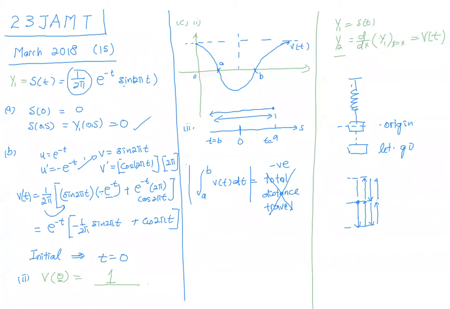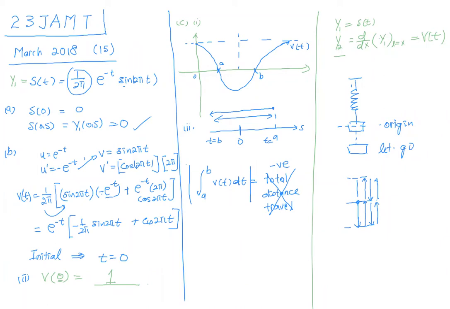So then part 3, they say, interpret the following expression in terms of the movement of the object. Okay, 0 to A. So when you say 0 to A, the particle is moving to the right because the velocity is positive.